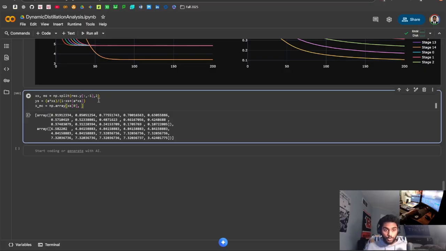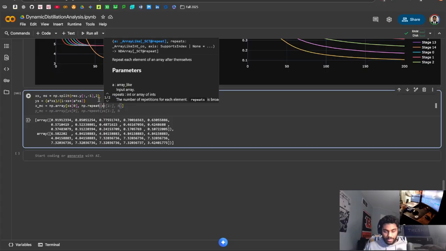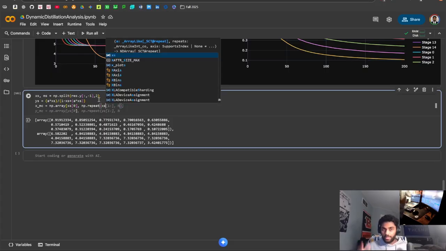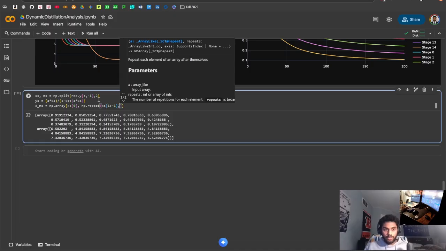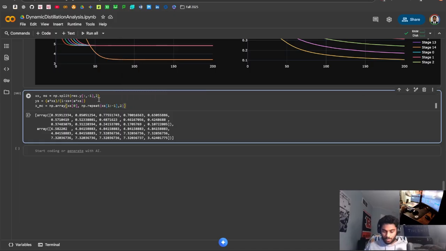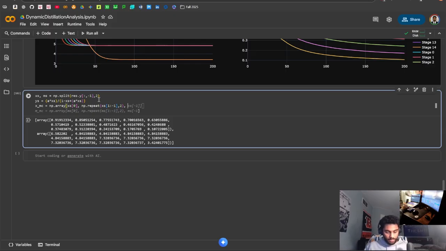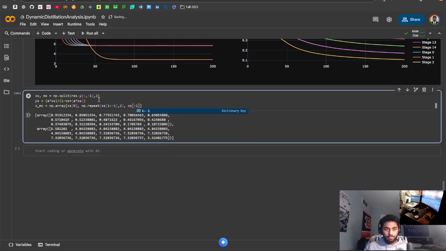Then I'm going to use np.repeat, which repeats the values that I specify for the set amount of times that I specify. I'm going to repeat everything in my x's, so everything in between, from 1 to -1, and repeat that 2 times. And then finally, I'm going to keep my last value the same.